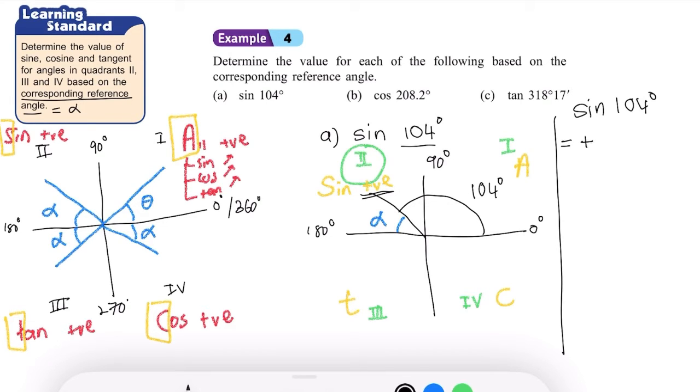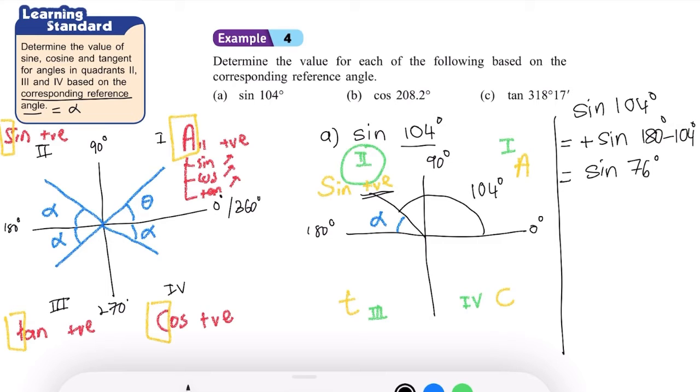So I just put first the positive sign. And then we are going to use the reference angle. To find the alpha, we need to do 180 degree minus 104 degree. So positive, no need to write down degree.